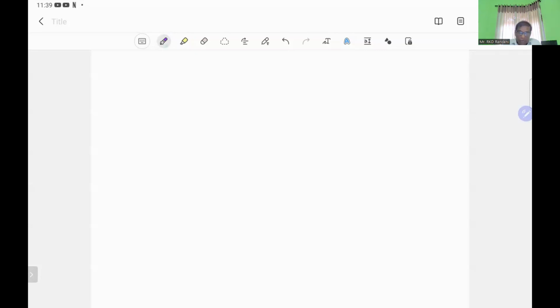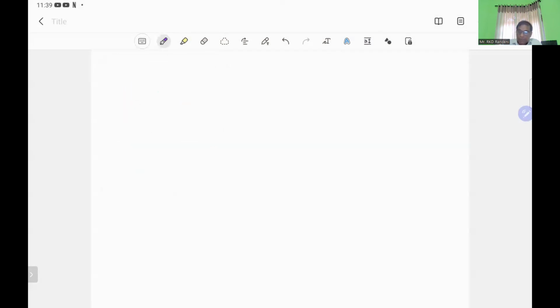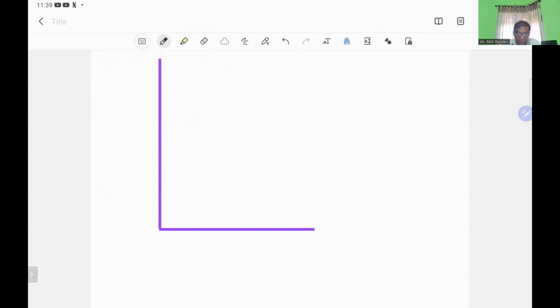Now, there are two commodities, two axes. Assume that the commodities are X and Y. Here, quantity Y, and here, quantity X. Two axes, two commodities.